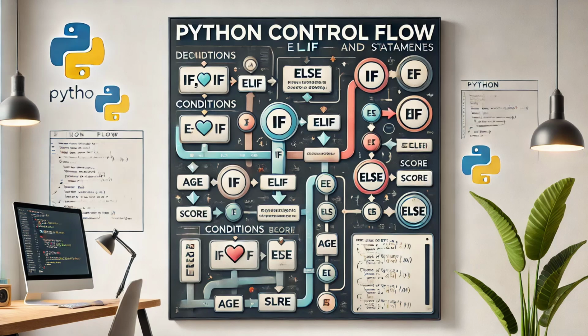By the end of this lesson, you will have a solid understanding of how to write conditional statements with if, elif, and else, how Python evaluates conditions to decide which block of code to execute, and how to handle multiple conditions in an efficient and structured way. We will also walk through several practical examples to see these concepts in action. So whether you are building a simple calculator or a complex decision-making application, this lesson is for you.